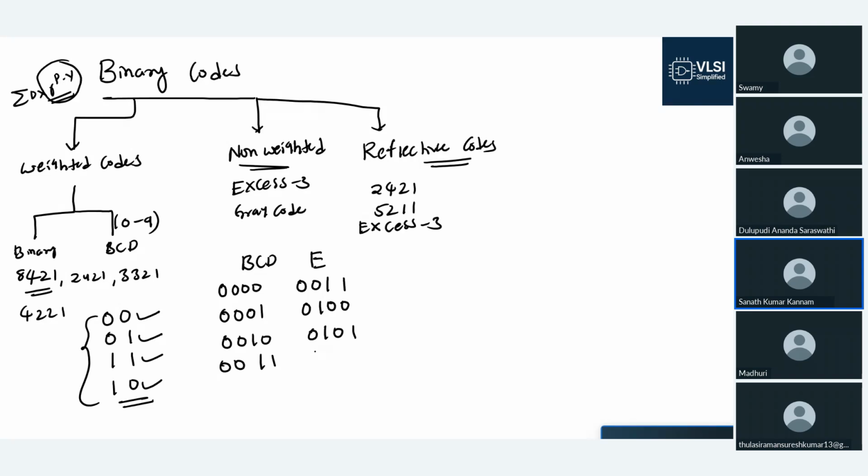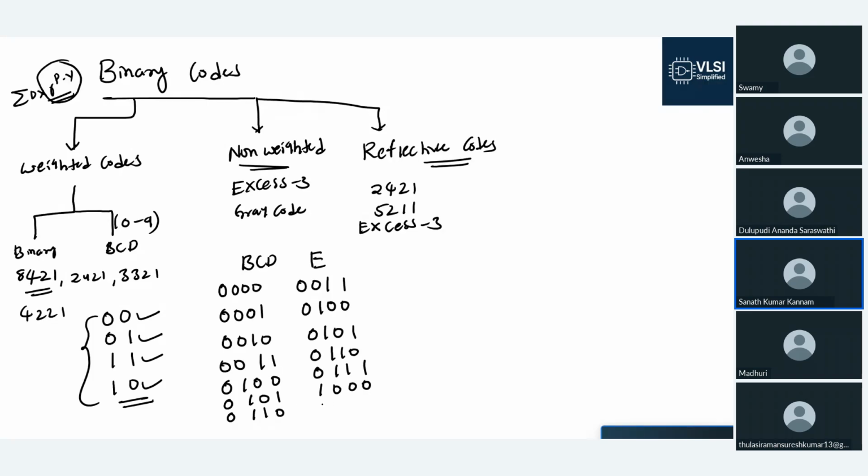This is 0110. 0100. You are getting 0111, 0101. You are getting 1000, and 0110.